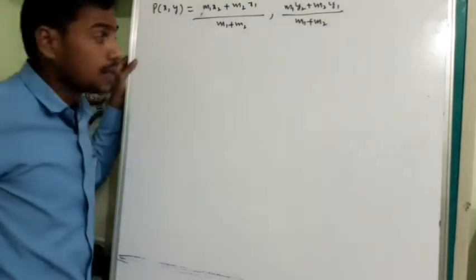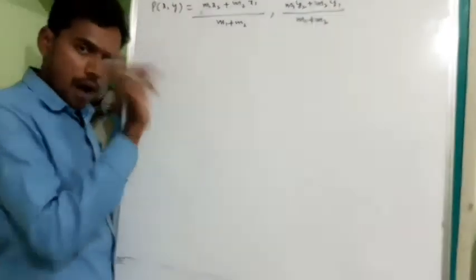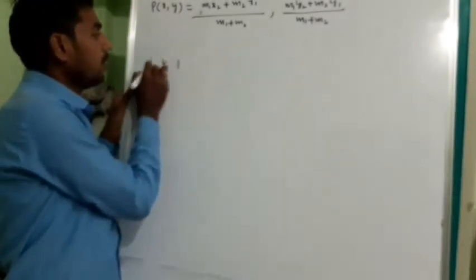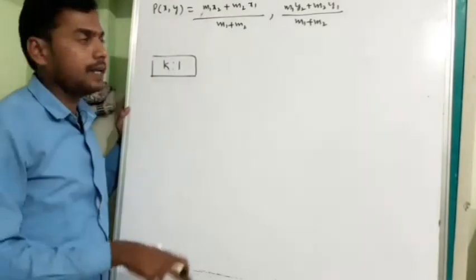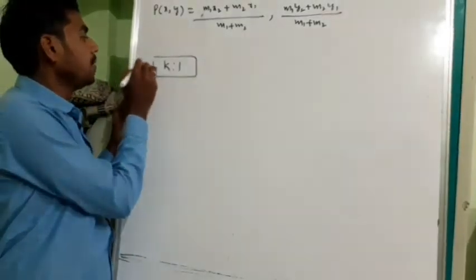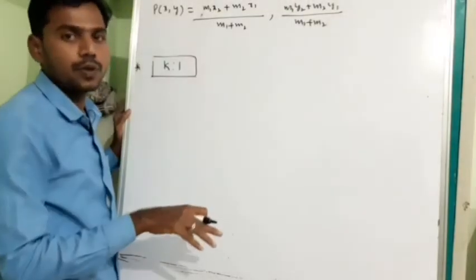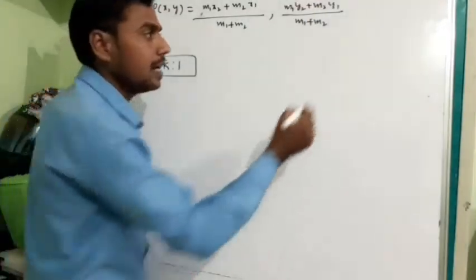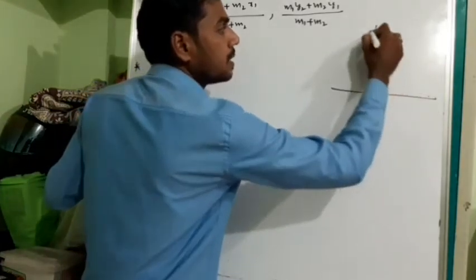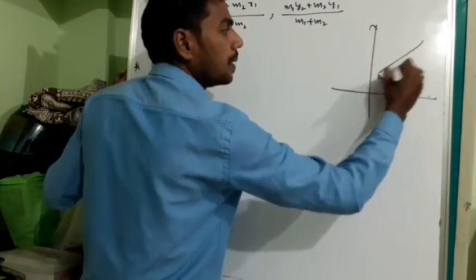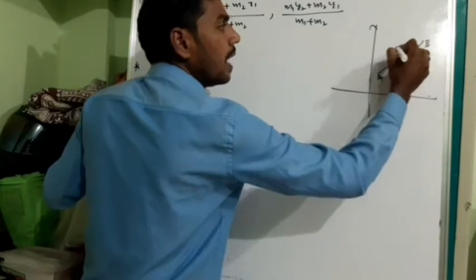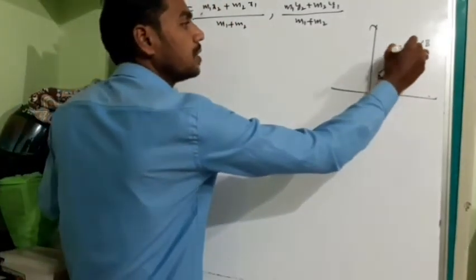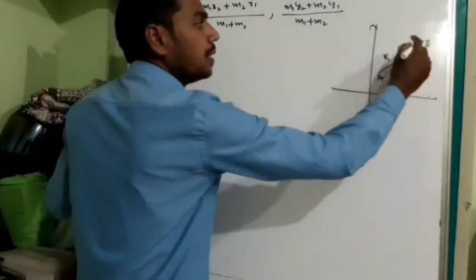This is the formula. Suppose the point P is dividing it internally in the ratio k is to 1, as in the earlier case we stated. If this is the coordinate system, AB is the line and point P was dividing it in the ratio m1 is to m2. Now it is dividing in the ratio k is to 1. Then what would be the formula?